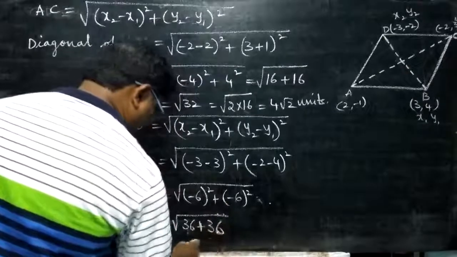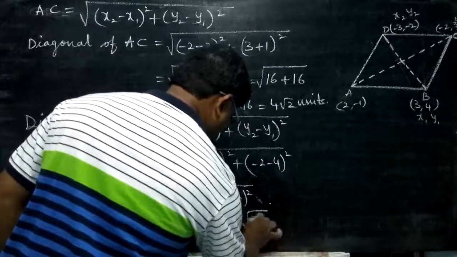So that is equal to 36 plus 36 is equal to 72.